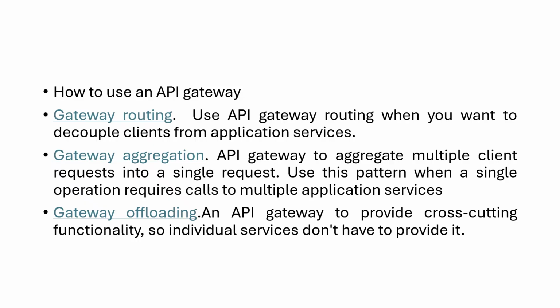Use gateway routing when we want to decouple the client from the application services. Use an API gateway to aggregate multiple client requests into a single request, when a single operation calls multiple application services. Use an API gateway to provide cross-cutting functionality so individual services don't have to provide it.